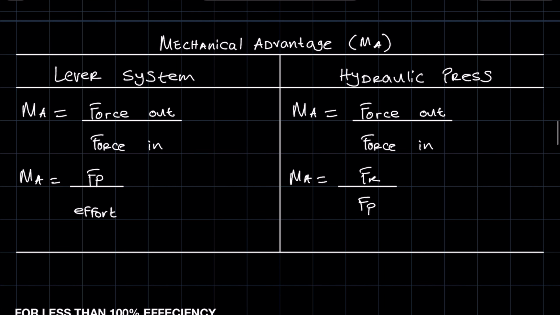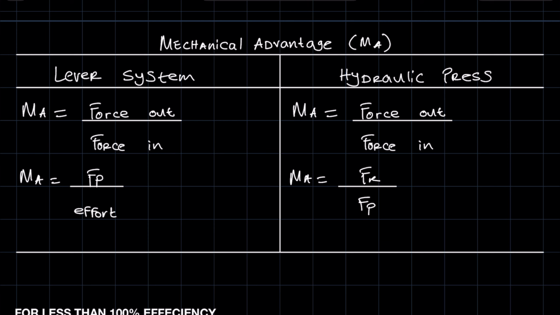And then for the hydraulic press, remember I said the general formula for mechanical advantage is the same. So this will still be the output force divided by the input force. But because we are now looking at a hydraulic press, the forces, be it the input or output force, will be different than on a lever system.